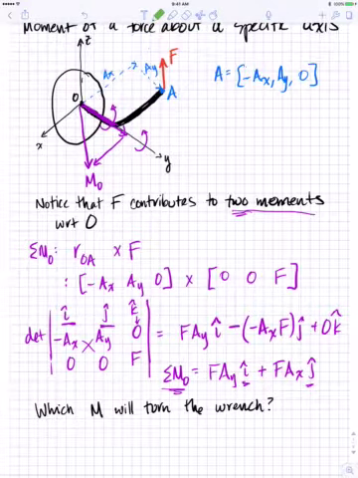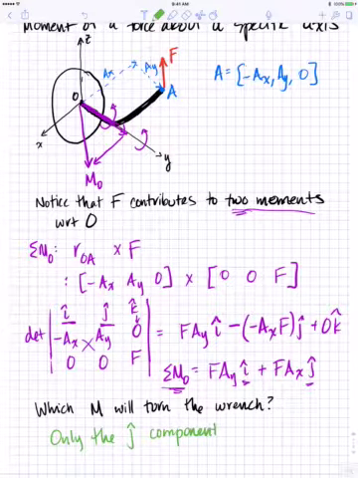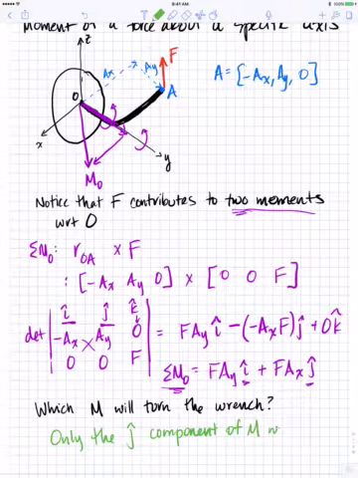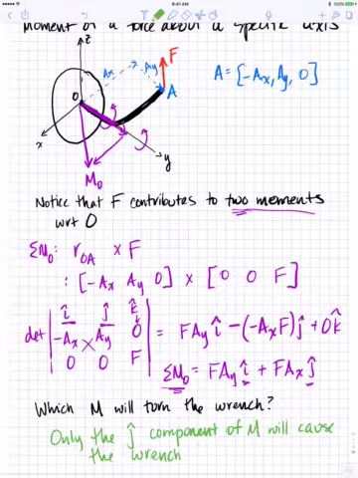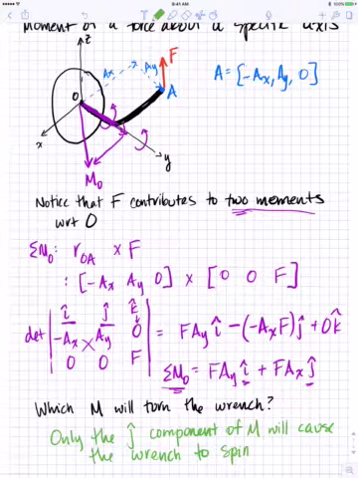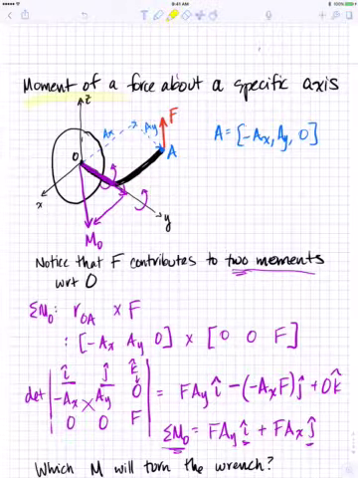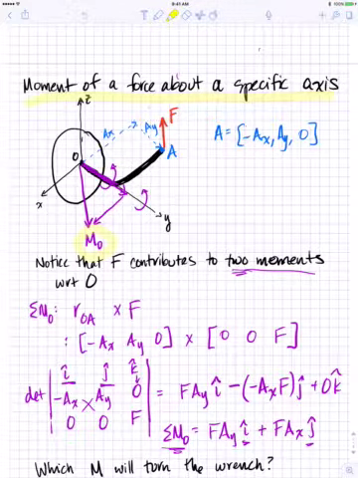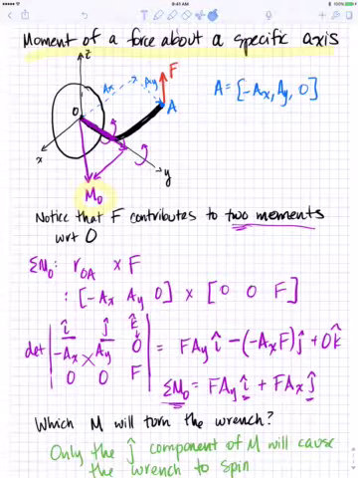So notice only the J component of M will cause the wrench to spin. So what we really want in this question is the moment about the y-axis that really matters. And that's what we mean when we say what is the moment of a force about a specific axis? So in this case, this is the total moment vector, the moment axis, but not all of them really matter for our application.